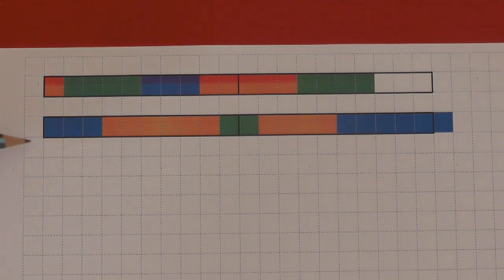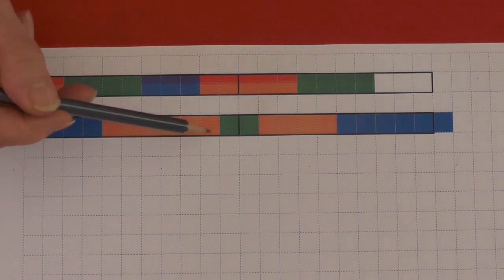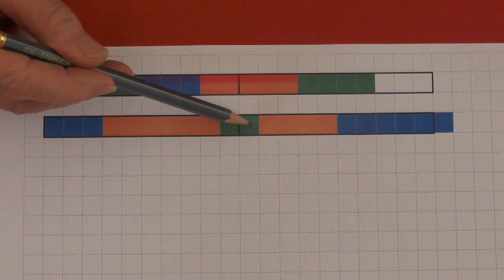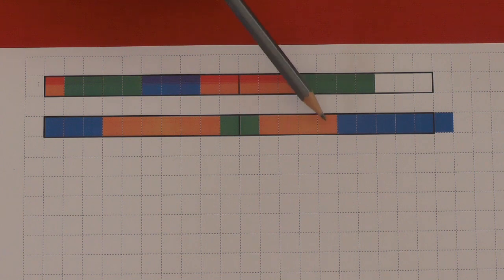My partner had 0 and then got 3, so the total was 3, and then got 6, so the total was 9, and then 2, the total was 11, and then 4, the total was 15, and then 6. So my partner more than filled the row and won the game.